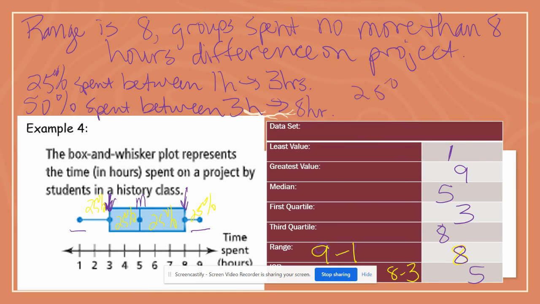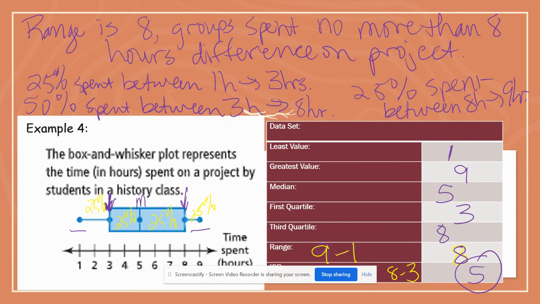And then 25% of the students spent between 8 hours and 9 hours on this project. The IQR is 5. Okay, we found that down here. That means the middle half of time spent varied by about 5 hours.